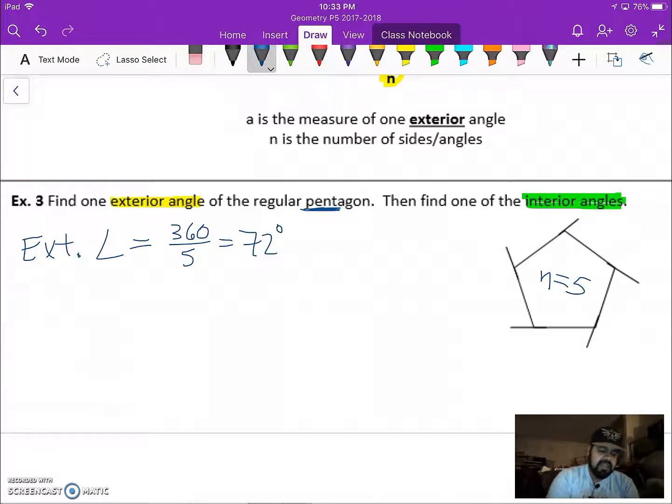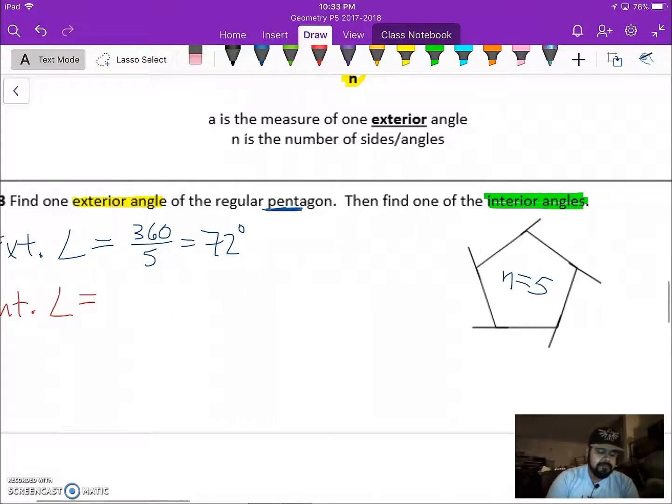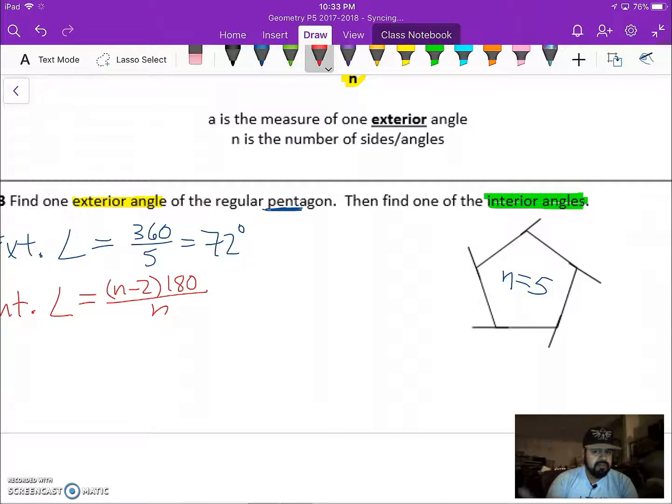Now, for my interior angle, I can use my formula that I gave you 2 boxes ago, which says n minus 2 times 180 all over n. Well, we know what n is. n is 5. 5 minus 2 times 180 all over 5.